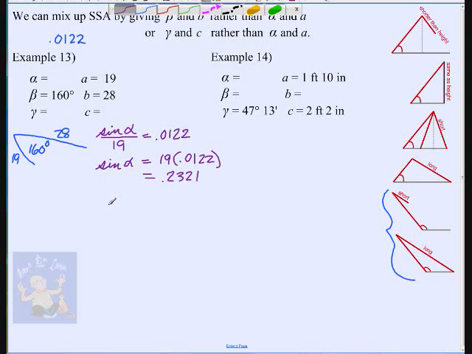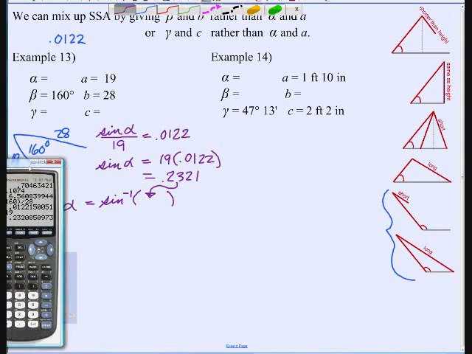Now, we know what the ratio is, so we're going to do arc sine. We'll put that in to find out what our alpha is in this case. We just renamed things.